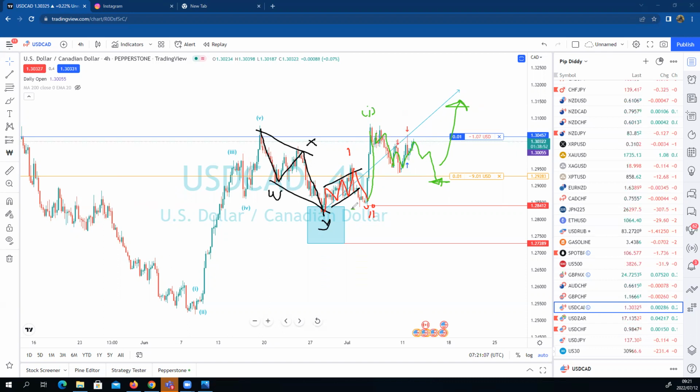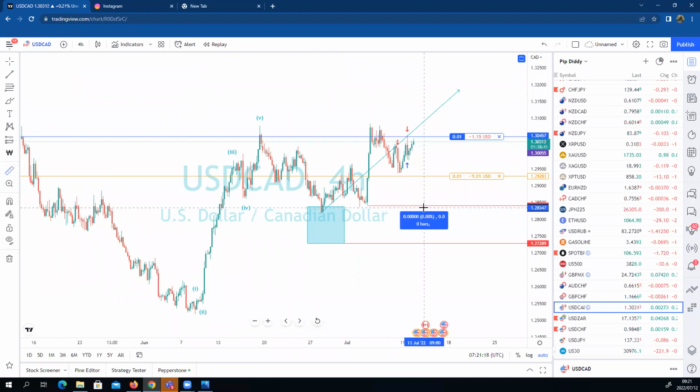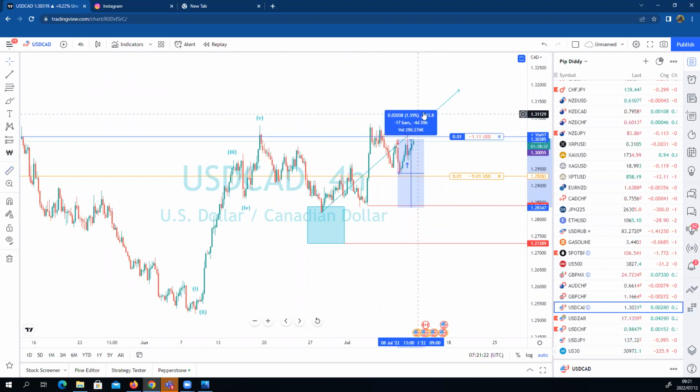So those who took the trade from the blue box area are already in profits. It has moved around 203 pips so far, and we are still expecting more upside. We're still very bullish on USD Canadian dollar.